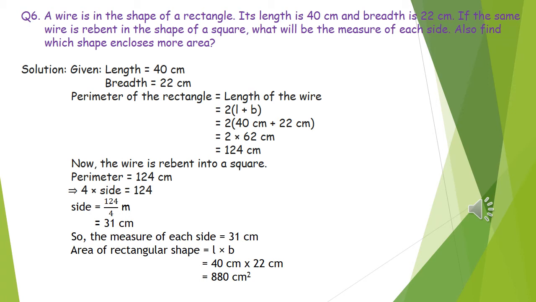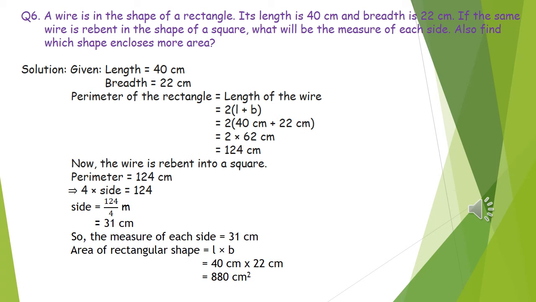Length of the rectangle is given as 40 centimeter, breadth is given as 22 centimeter. The perimeter of the rectangle will be the length of the wire, that is 2 into (L plus B), 2 into (40 plus 22), that is 124 centimeter.